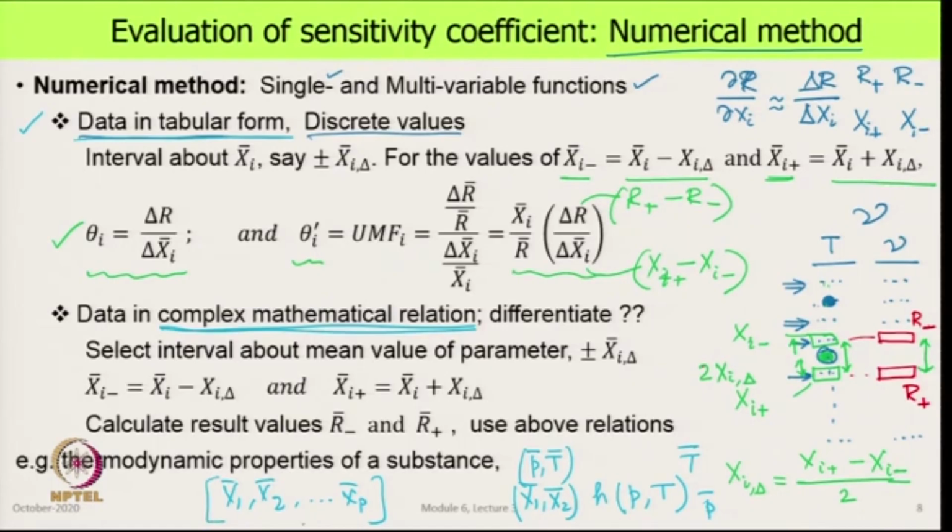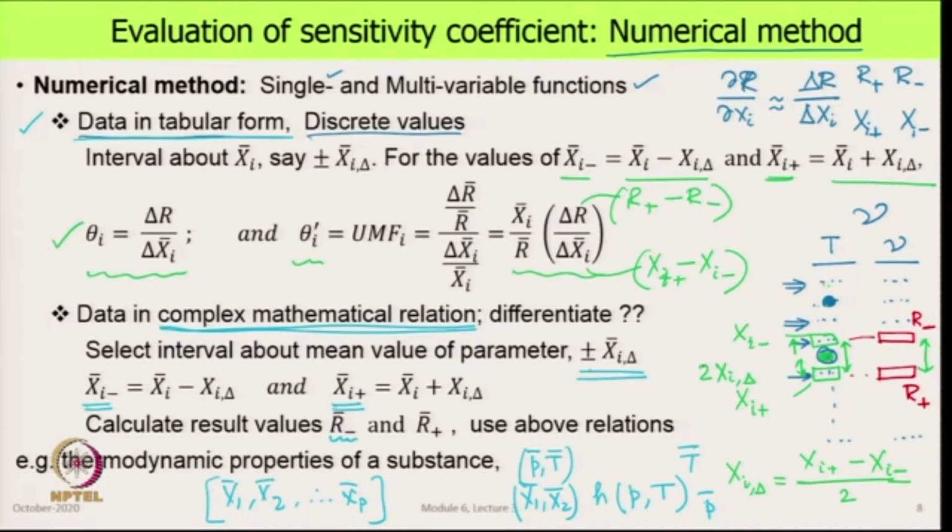At that point, one by one, we select an interval in one variable, keeping the others constant, and then calculate the lower limit and an upper value. For x_i, x_i bar minus, we get from the function R minus.